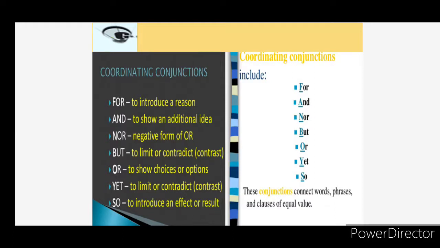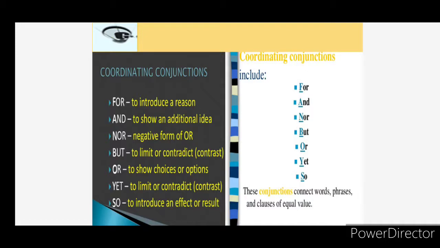I repeat, for is used to introduce a reason and is used to show an additional idea. Nor is used as the negative form of or, but is used to limit or contradict. You can also say contrast.